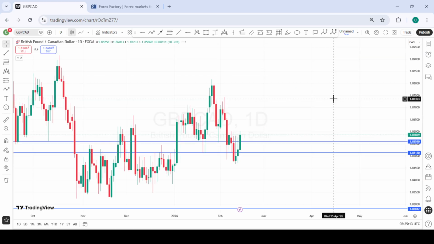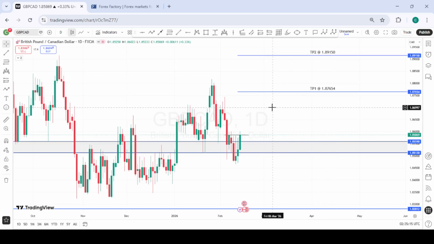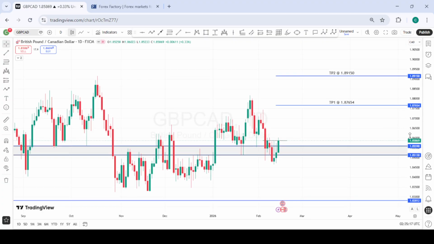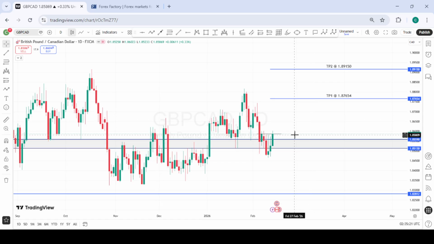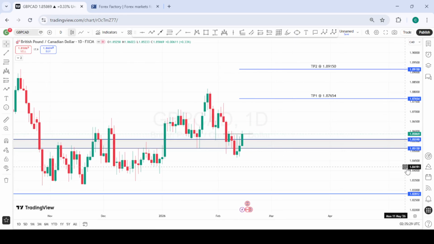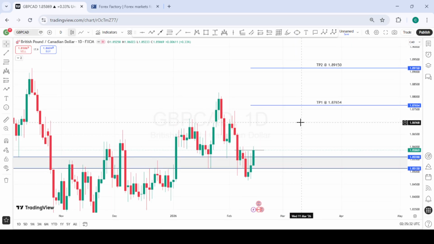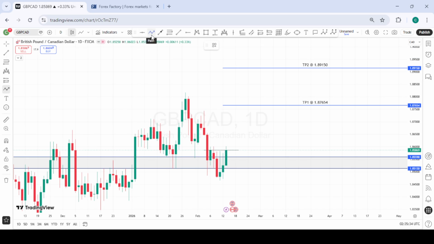Sorry, we have here GBPCAD, and GBPCAD is currently shifting bullish on the daily perspective on an area of interest. So if you look at the closing prices, the price has actually shifted, but it's not very strong. So going into next week, we'll be looking forward to a further break or a further daily candle closure above these structure points.